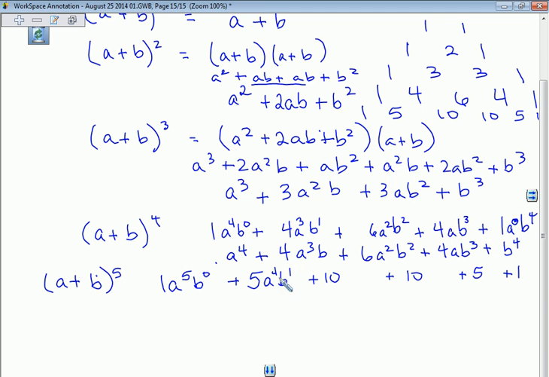You see it adds up to 5. Then you take the first term and drop it down 1, and the second term and move it up 1. Still adds up to 5. The first one drops down 1, the second term moves up 1.